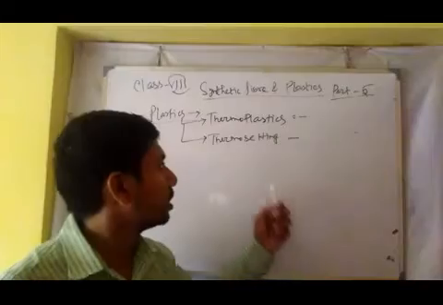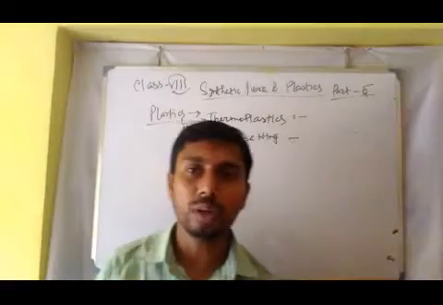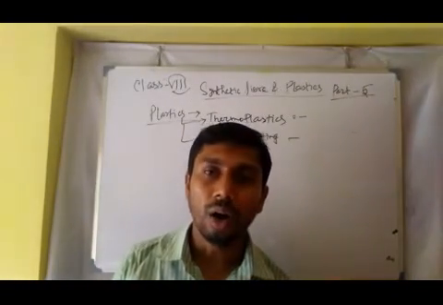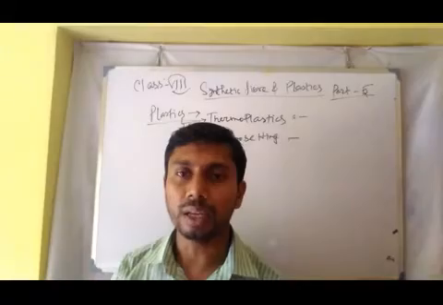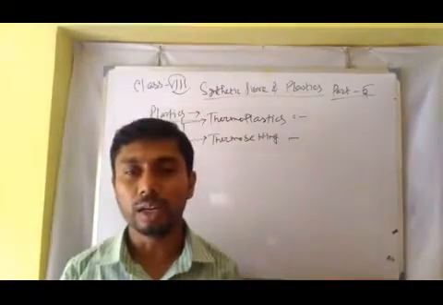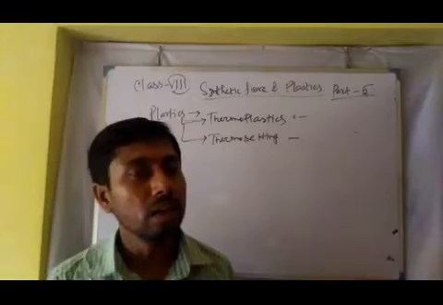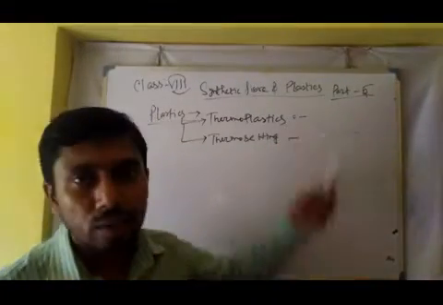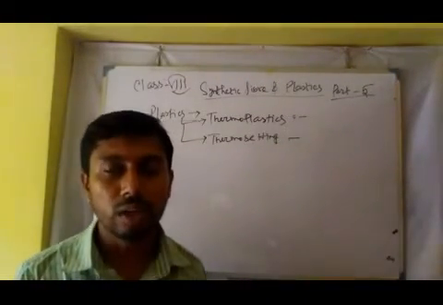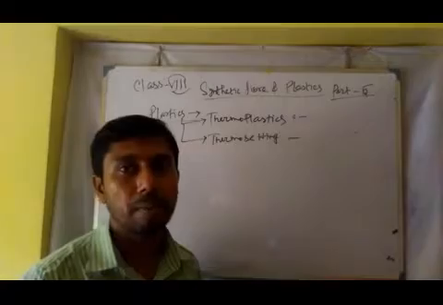But the next one is thermosetting. If we heat it or break it, it breaks into pieces, it will not melt. But the first one will melt, then we can use it again. For polyethylene, we can use it again by melting.